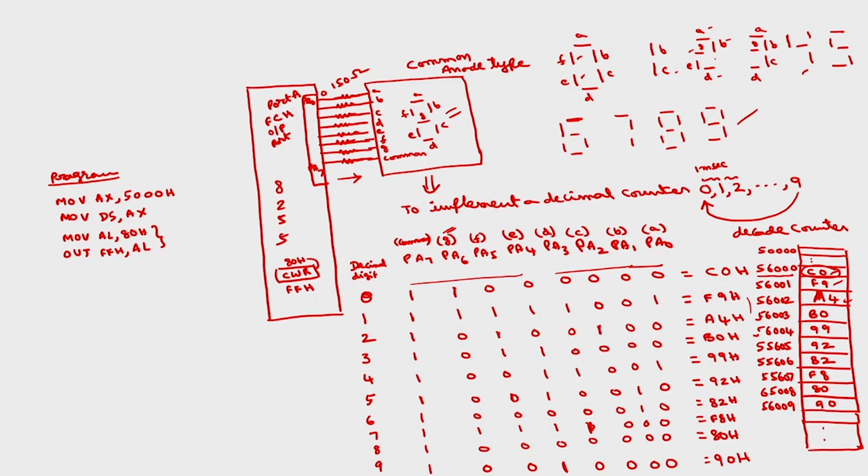Okay. So, for that I am going to use the same logic that I used in the keyboard interface for decoding. Move AH comma 60, because this offset is 6000. So, in that 60 I am taking AH, move AL comma 00, so that AX points to 6000.